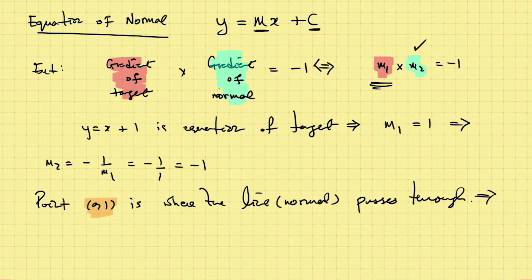The point (0, 1) tells me that c equals 1, so the y-intercept is 1. Since the gradient is minus 1 and the y-intercept is 1, the equation I'm after is y equals minus 1x plus 1. So we've also been able to work out the equation of the normal.